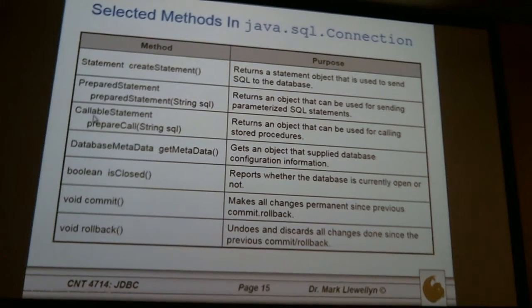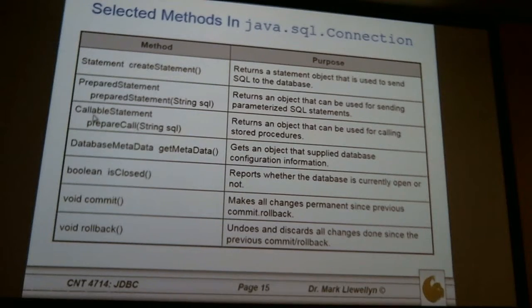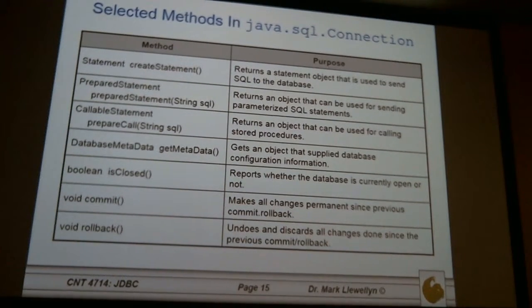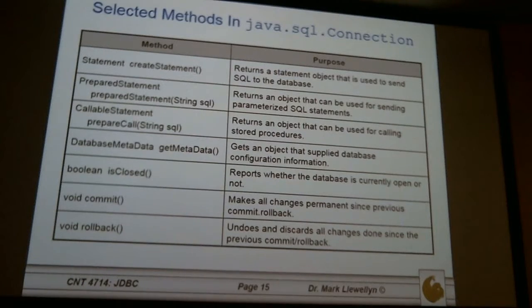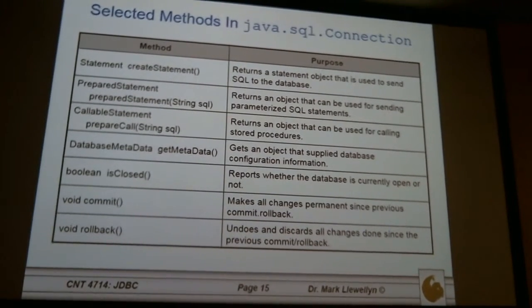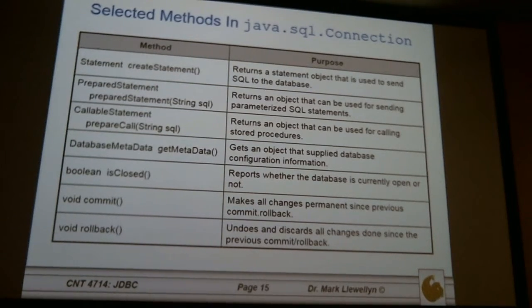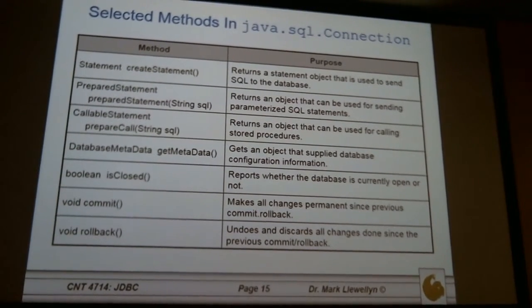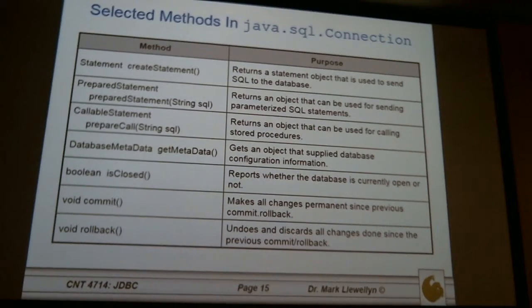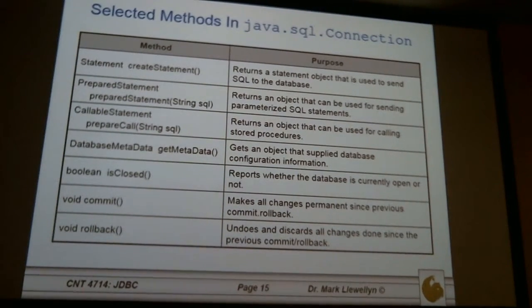A callable statement, which we will use later, is more like a remote procedure. The database itself can store queries and any kind of routine you want. It's already generally compiled and optimized, and your client simply asks for that to be run. So you're not actually sending an SQL statement, you're saying run this thing that already exists on the database.